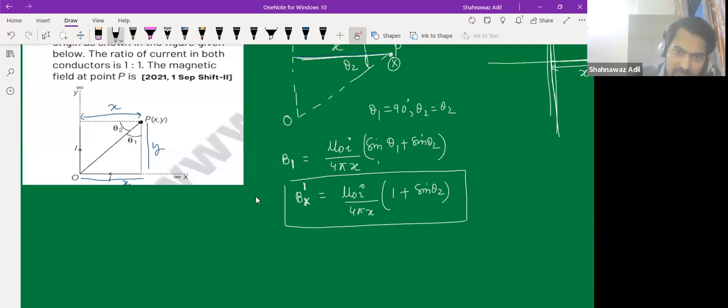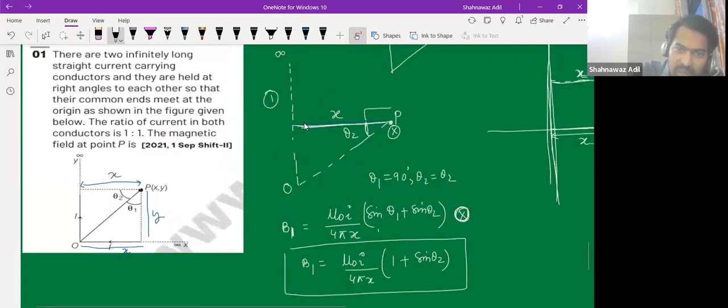This is B1, and I will write the direction as cross. This is showing the direction. Okay, is this clear, everyone? Tarif, is this clear? Yes. Okay, so this is one part.